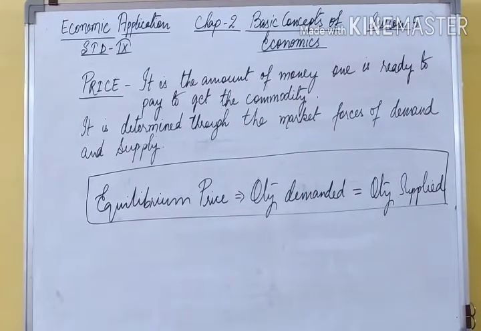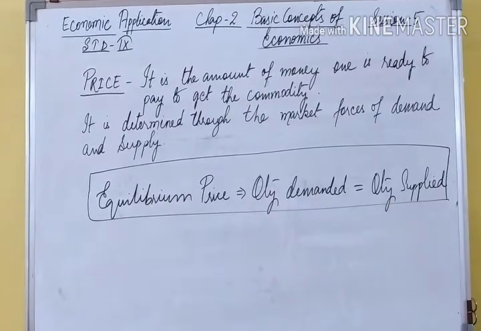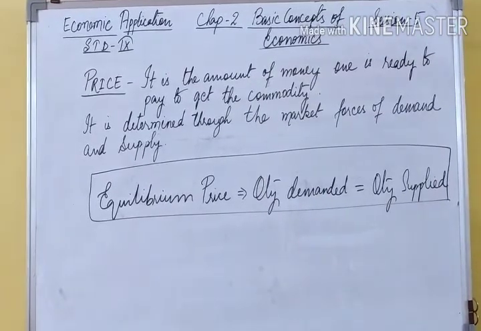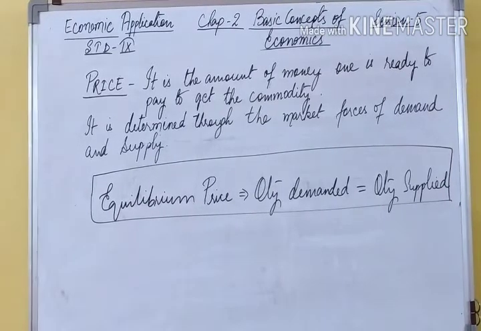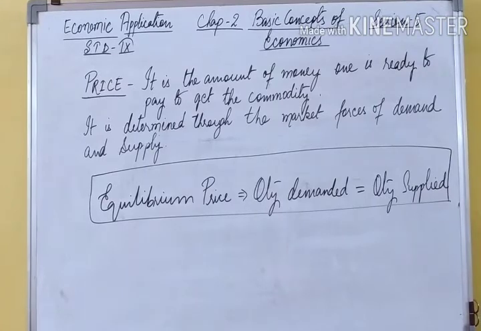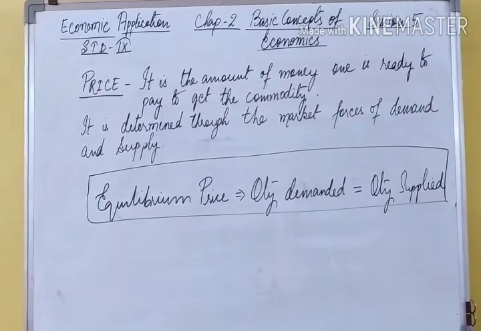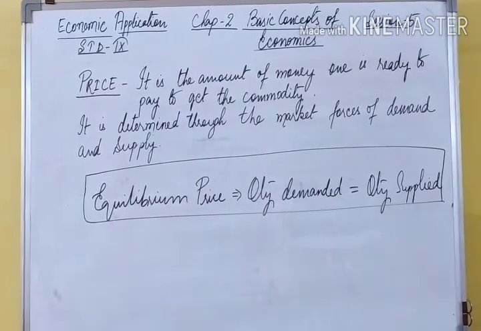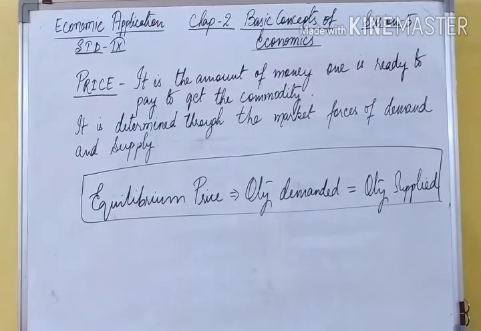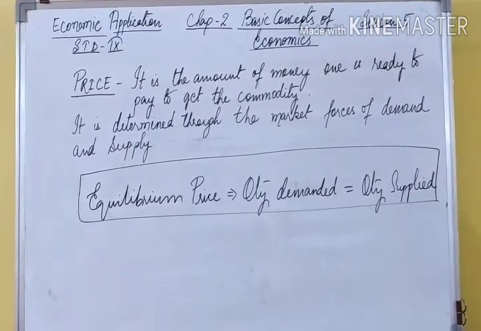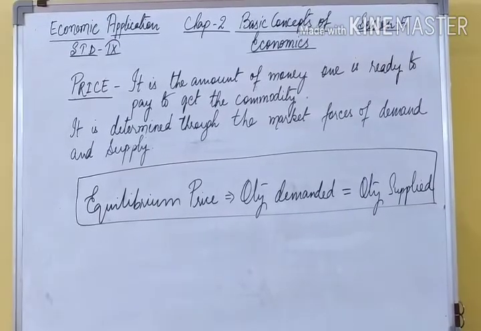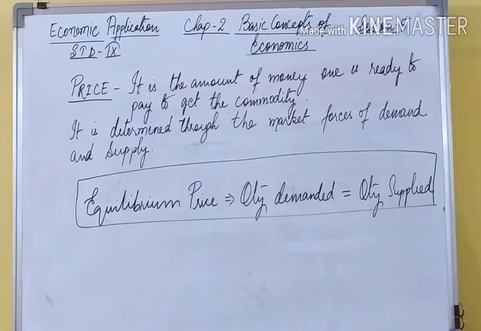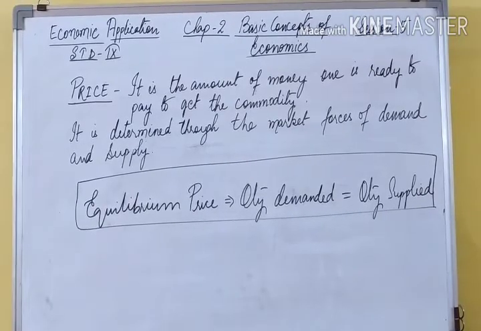It is the amount of money which an individual is ready to pay for a commodity, for a good or a service which satisfies his needs. Now, the question arises how these prices are determined. Prices are determined through the market forces of demand and supply, which are constantly acting upon the market.